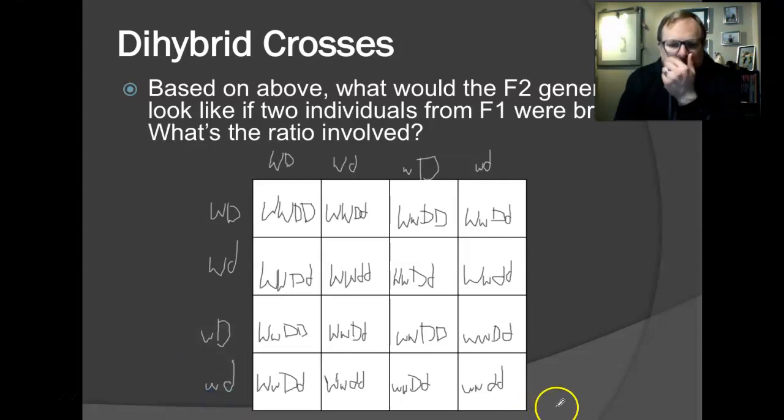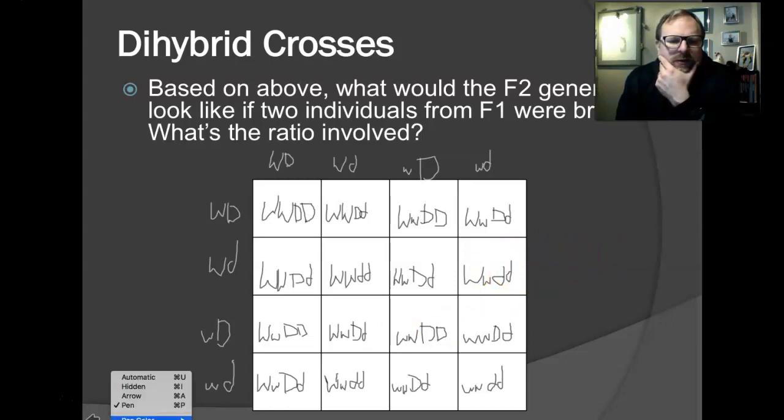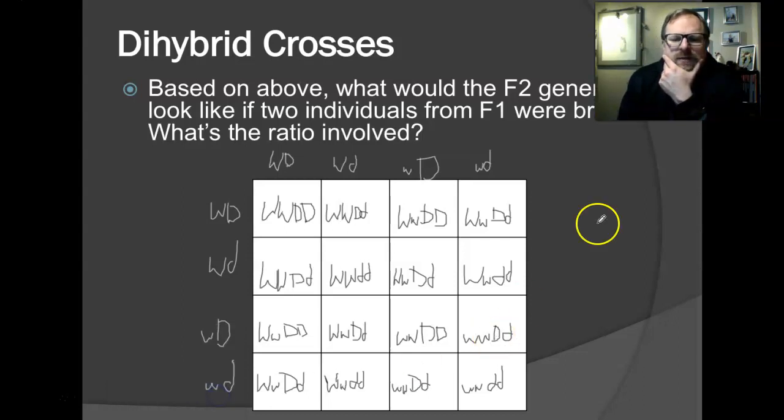Oh, let's use yellow. So what are the ratios that are going to be involved when we're done? It's going to produce a phenotypic ratio that is not typical to what we've seen before. And so let's color code this just a little bit. I like to do that. Our first color coding is going to be in yellow, and this is going to be individuals who are going to have white fruit that is disc shaped.